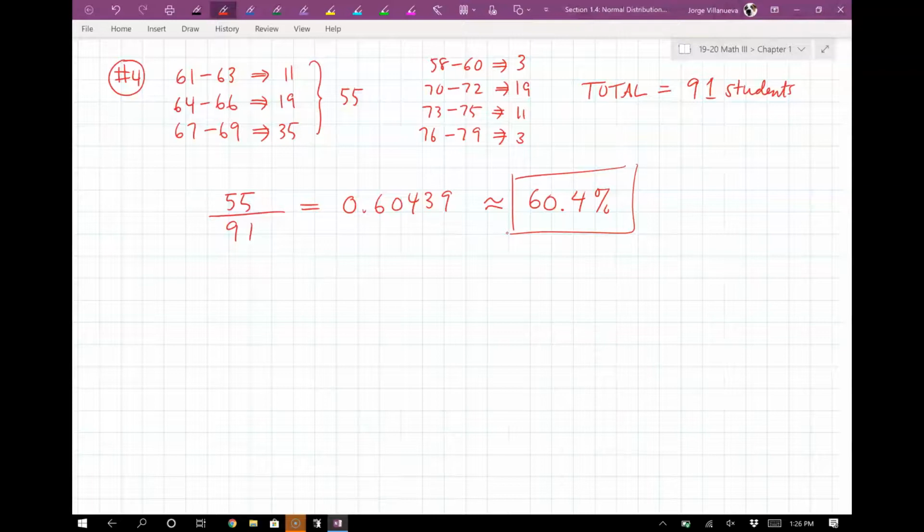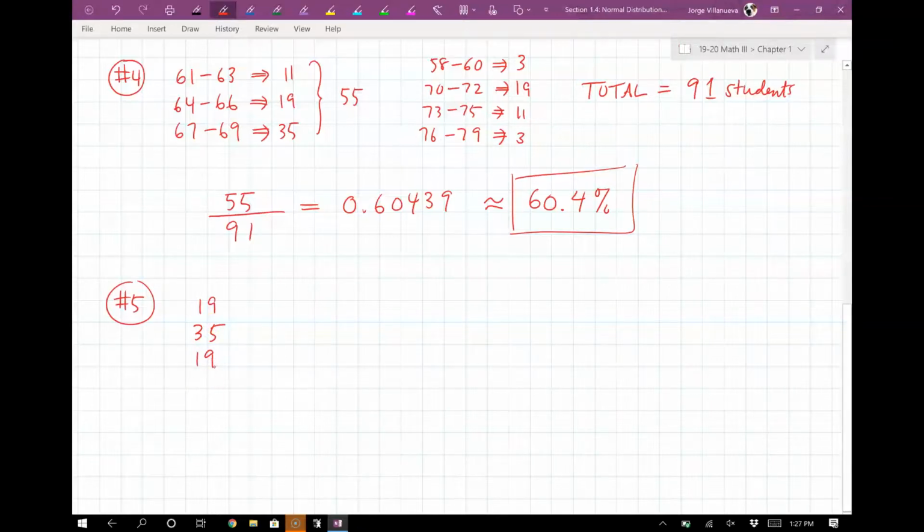Approximately what percent of students are between 64 and 75? So we're looking at 64 to 66, 67 to 69, 70 to 72, and 73 to 75. So let's see. This is number 5. Sorry, I forgot to put that. There's 19 from 64 to 66. From 67 to 69, we said there were 35. From 70 to 72, I said there was 19.